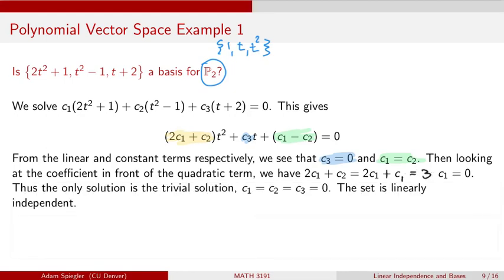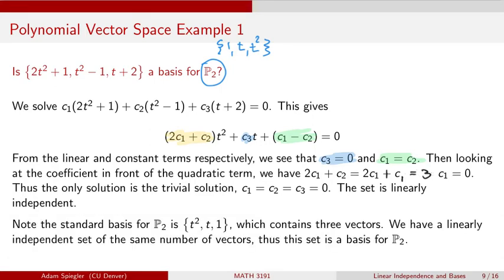Therefore, since the only solution is the trivial solution, c1 equals 0, which means that c2 is 0, and we already know that c3 has to be 0. So the only solution to this vector equation is if we set c1, c2, and c3 all equal to 0. And so this set of three vectors that we started with is a linearly independent set of vectors.